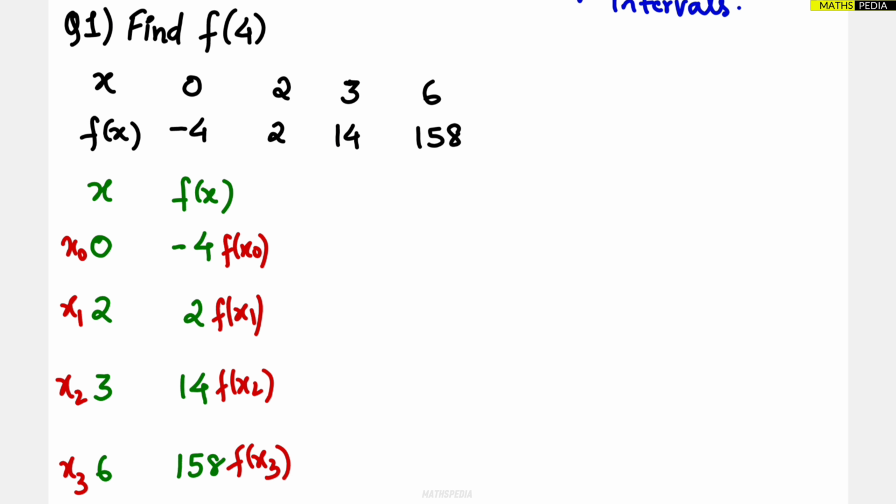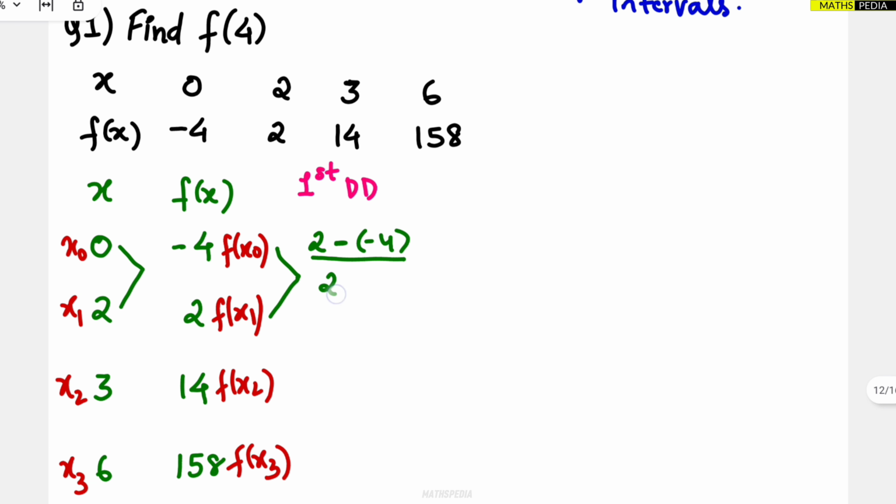Now first you have to make the first divided difference table. How to make that? Simple. Take the subtraction of these two, corresponding subtraction. That means f of x1, that is 2, always lower minus upper, which is minus 4, divided by the corresponding difference x1 minus x0, it will be 2 minus 0.